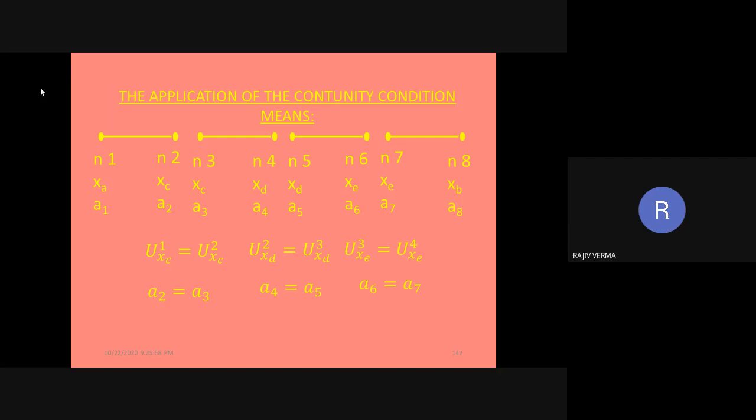And this means that when these three constraint equations are implemented in the eight equations which we have recently developed, when the constraint equation a2 is equal to a3 is implemented, we basically are going to add column number 2 and 3.